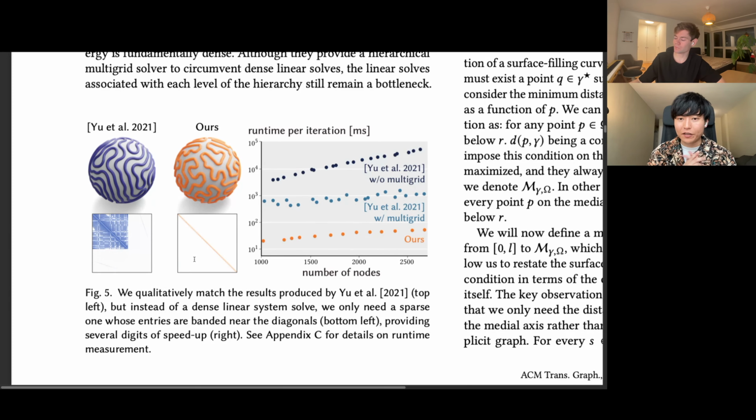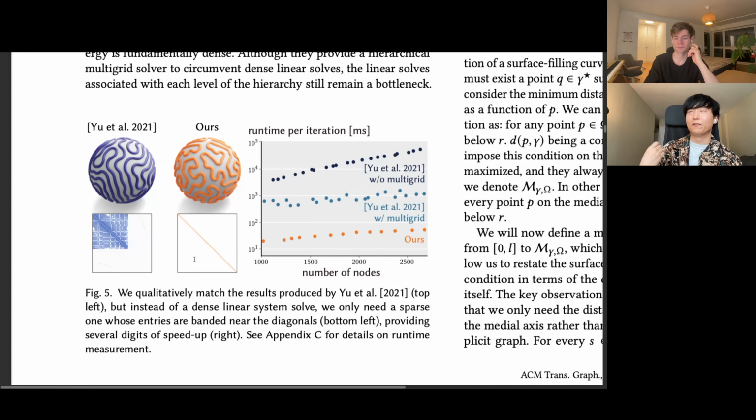Okay, so basically our energy is a two-term energy. One is the total length of the curve, and the other is the medial axis energy. For the first energy, if you want to compute the length, then for all the segments you can just add up the length, and that only depends on the two ends of that segment. So if you think of a single segment, you have two nodes that are bounded.